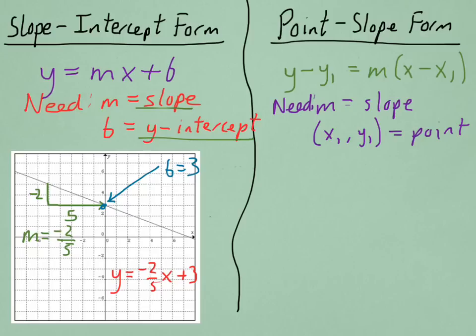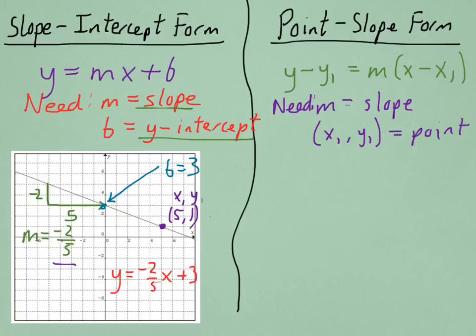Okay, so let's write the equation of that same line in point-slope form. So I already have the slope, it's -2 over 5. I can pick whatever point I want on the line, so let's use this one. The coordinates of that point are (5, 1). So therefore, my x1 is 5 and my y1 is 1.